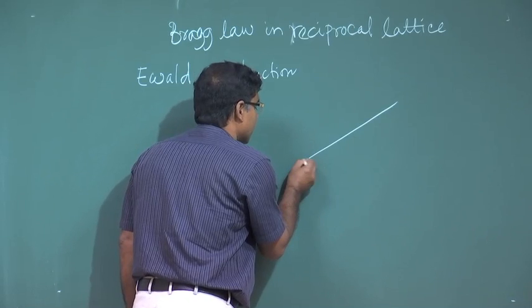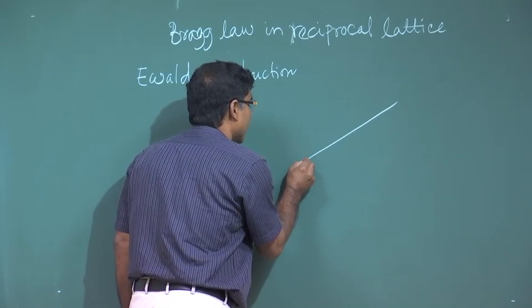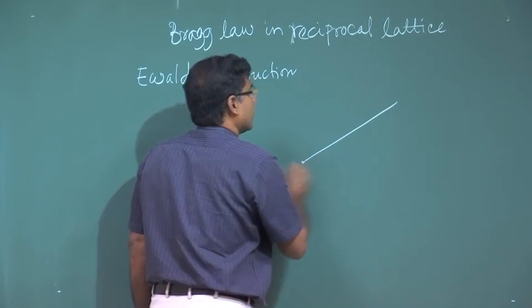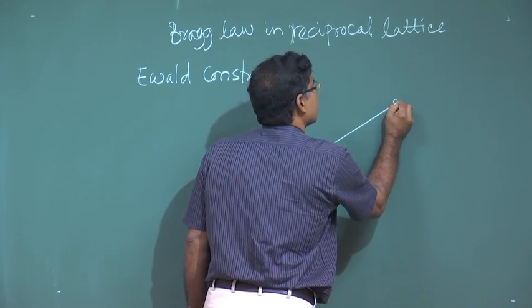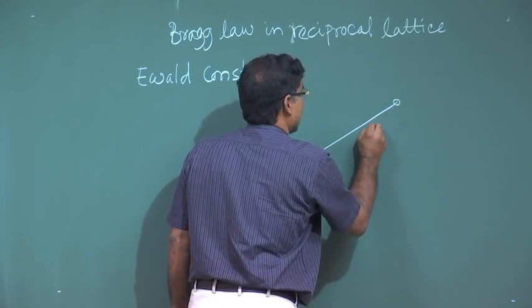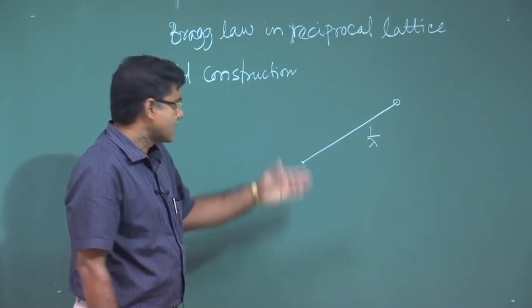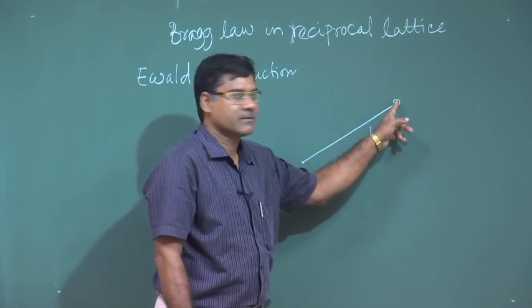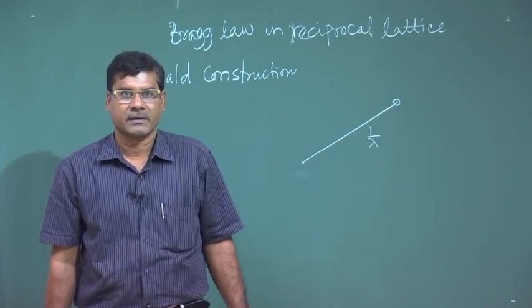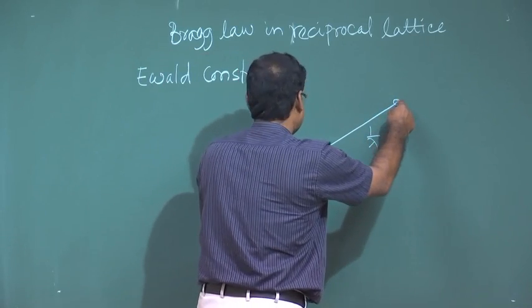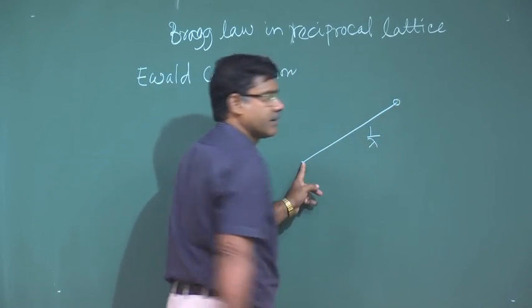So, from any point, if you take the magnitude 1 by lambda in such a way that it ends at one reciprocal lattice point. Okay. So, this length is basically 1 by lambda.